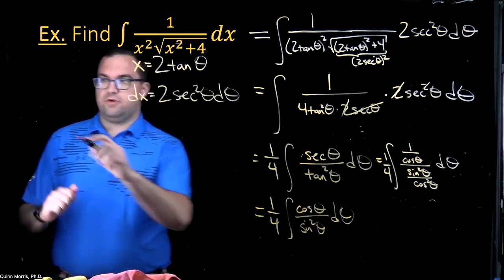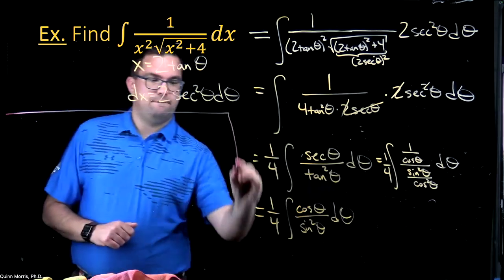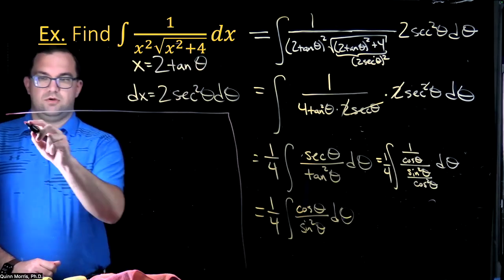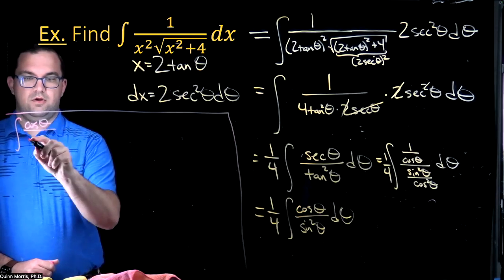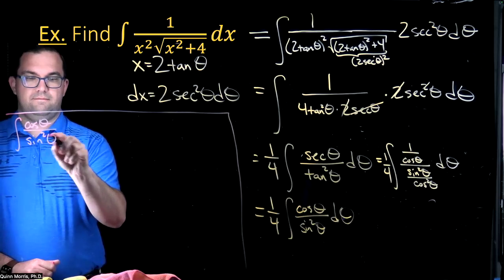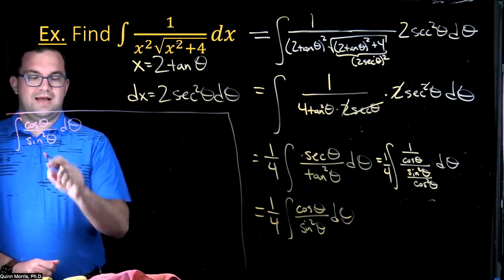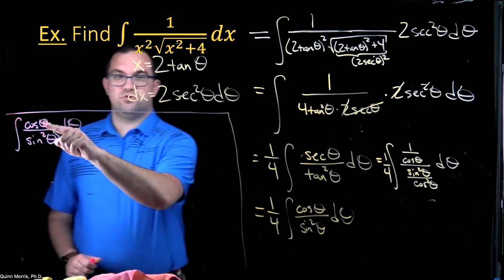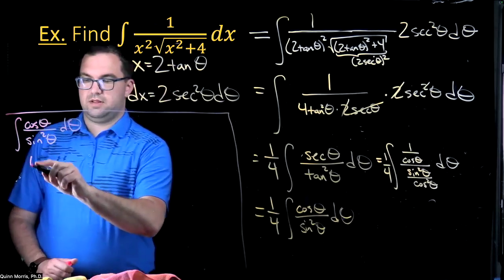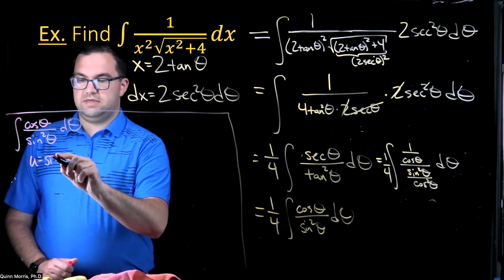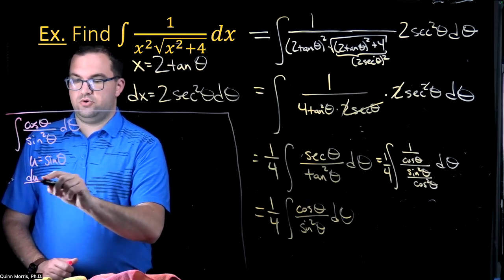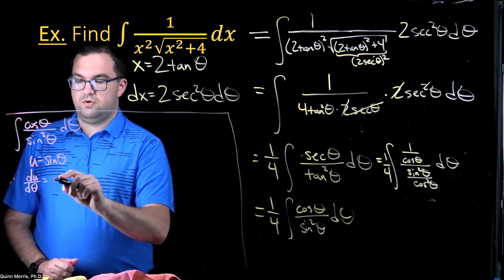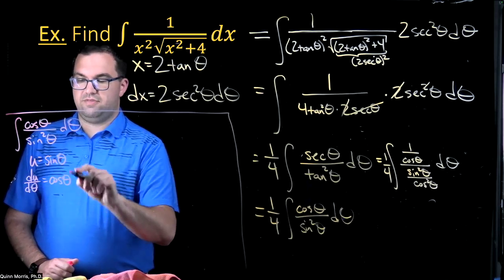So we're actually going to go over here to the side. If I just want to know the integral of cosine theta over sine squared theta d theta, I see the function sine and its derivative cosine sitting there. So I'm going to let u be sine of theta. Then du d theta will be cosine of theta.